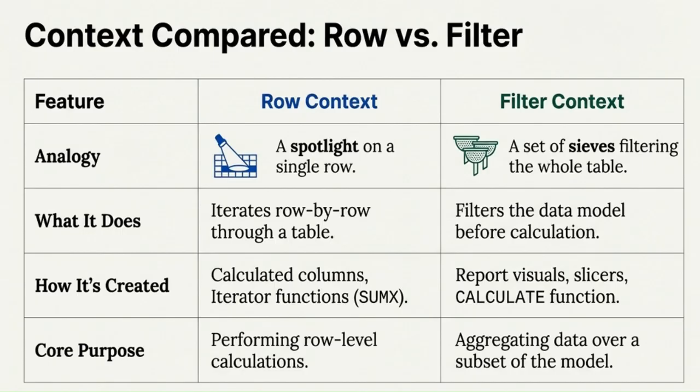Row context is created by calculated columns and iterators, for example SUMX, and filter context is created by visual slicers and CALCULATE functions. The core purpose: row context is used for row level logic or calculations, and filter context is used for aggregation and analysis.